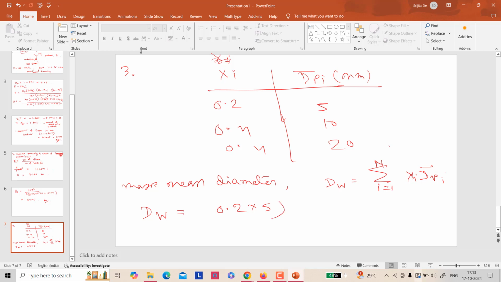So 0.2 into 5, 0.4 into 10 plus 0.4 into 20. It comes as 1 plus 4 plus 8 equals 13 millimeter. This is your answer.